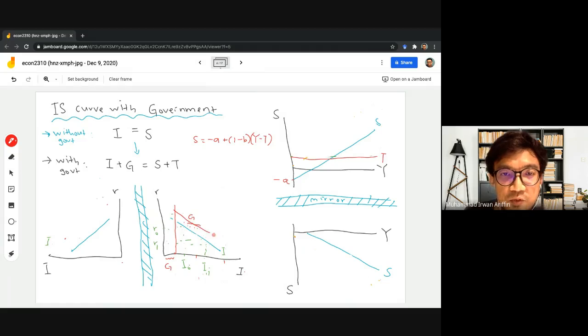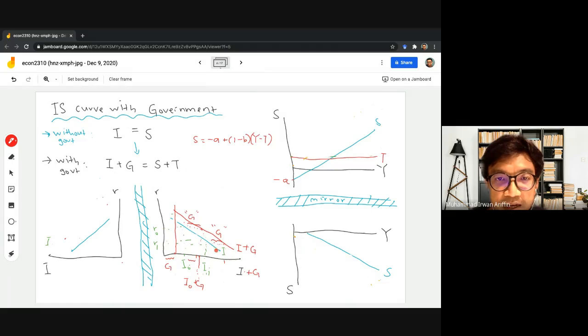So with I plus G, we have moved our investment schedule to the right with the introduction of government spending G. Now at R0, our total amount of injection in the economy would be I0, the original investment, plus G, the size of the government expenditure.